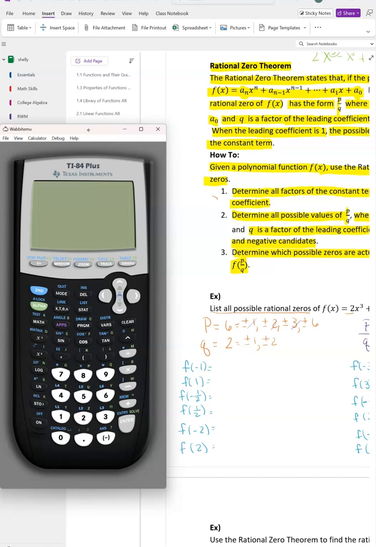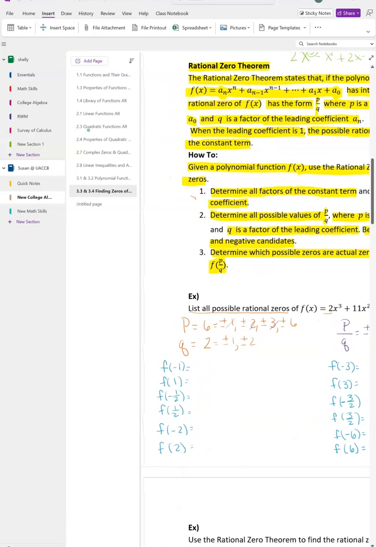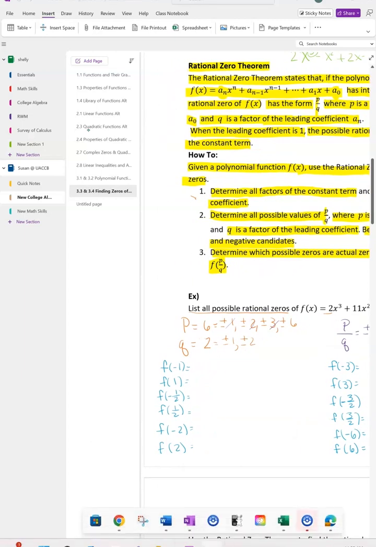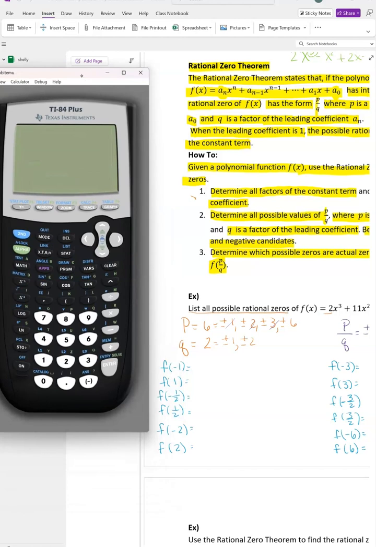But anyway, so what we're going to do is, oh man, that is not what I wanted to happen. Okay, so we are going to try to make this work. We are going to turn our calculator on. There we go, and clear it.